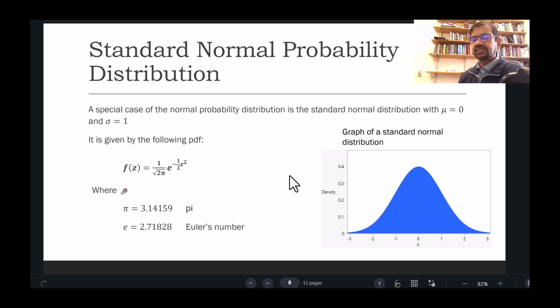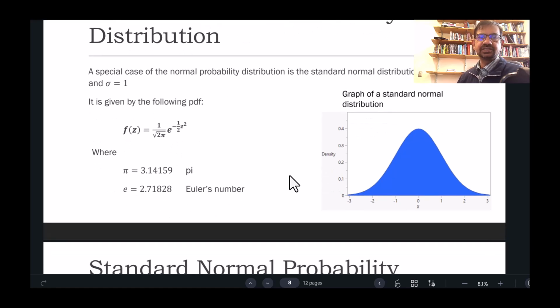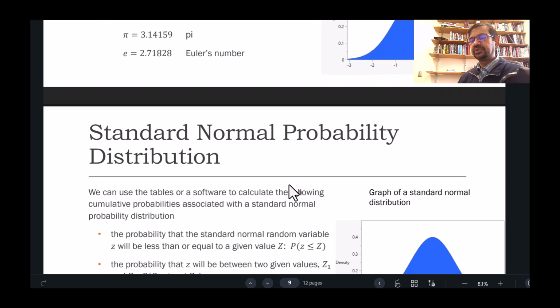Again, this gives us the probability density function for the standard normal distribution, where notice that instead of x, we now have z, with a mean 0 and variance 1. And then the standard deviation here also went away. So this is a simplified version, and this is the version that we will work with throughout this course and in all the applications we will do using the normal distribution.